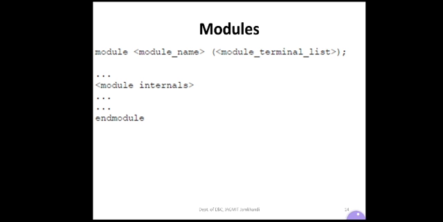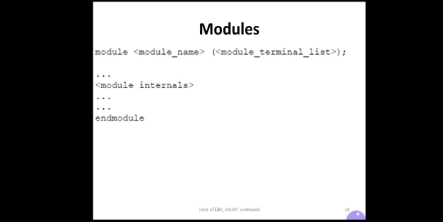Then the module internals. These module internals can be designed using different abstraction levels like behavioral, structural, data flow or switch level, or a mix of all these abstraction levels.